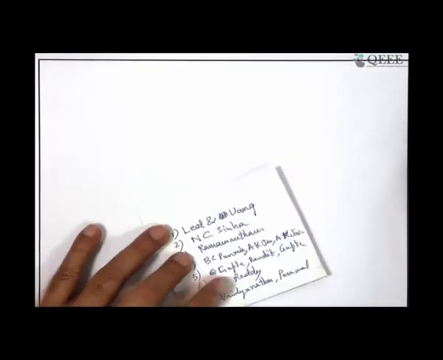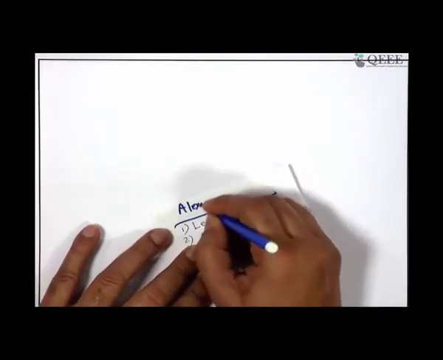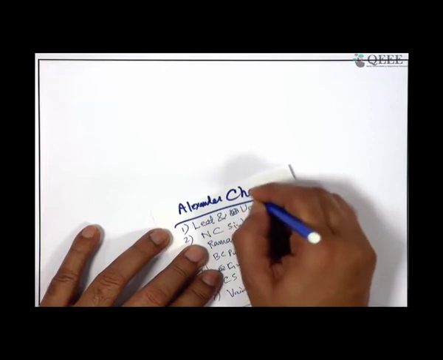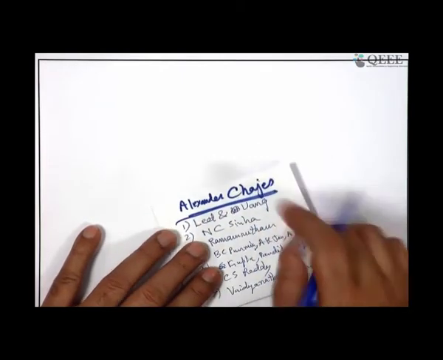But I want to mention one book, by Alexander Chajes, C-H-A-J-E-S. This book is not easily available. I have seen it in the IIT library. It is extremely concise for students.